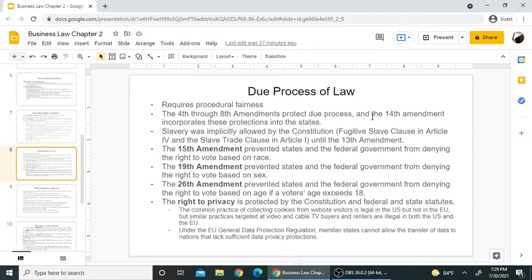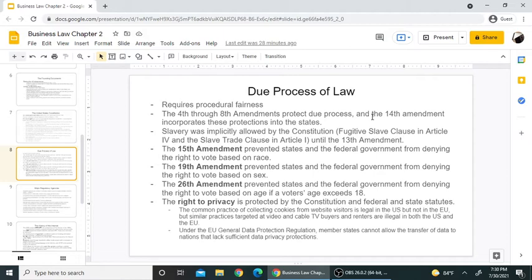The 26th Amendment basically lowered the national voting age to 18, so states could set the voting age for their state lower than 18 if they wanted to, but they could not set it higher than 18. So the highest they can now set the voting age is 18 because of the 26th Amendment.